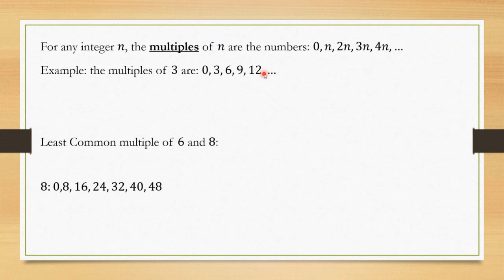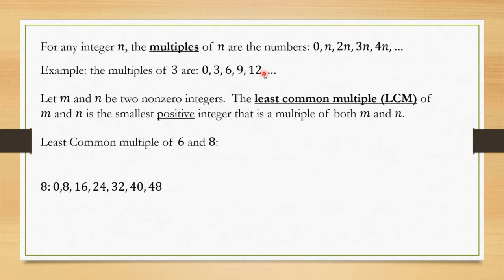And now we can get to this new terminology, the least common multiple. If you have two non-zero integers, m and n, the least common multiple, also denoted by LCM, is the smallest positive integer that's a multiple of m and n.